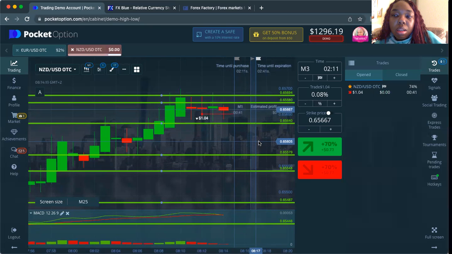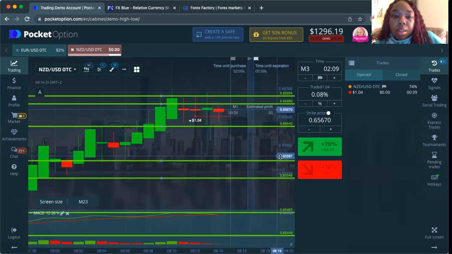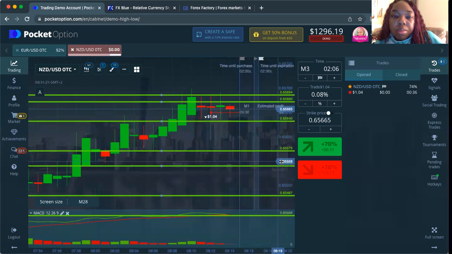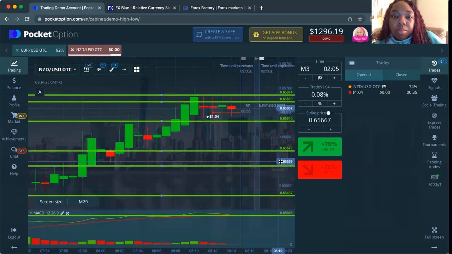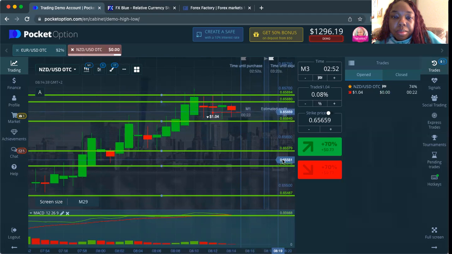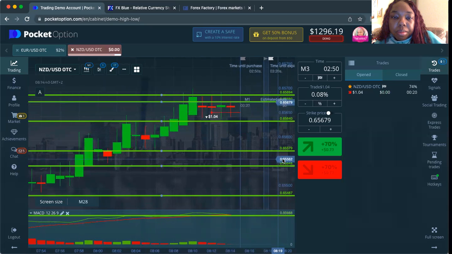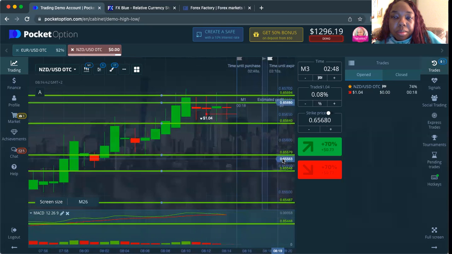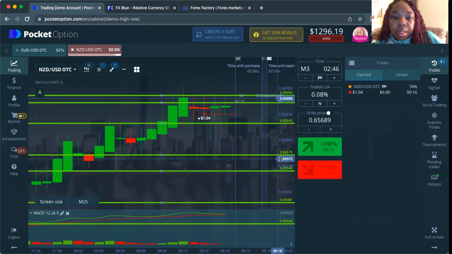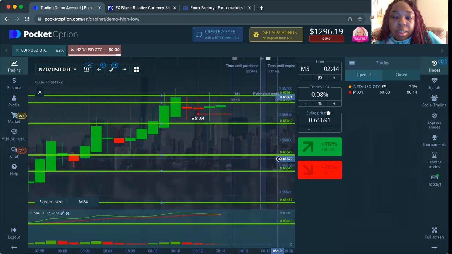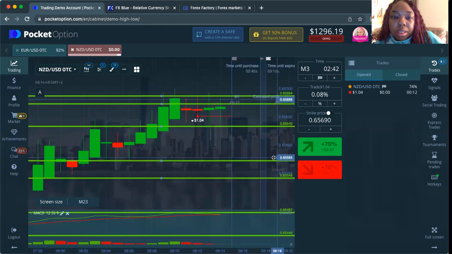It's being stubborn. It's not trying to do what I want it to do, which will happen from time to time. 18 seconds in, and clearly I'm probably not going to clear this trade.